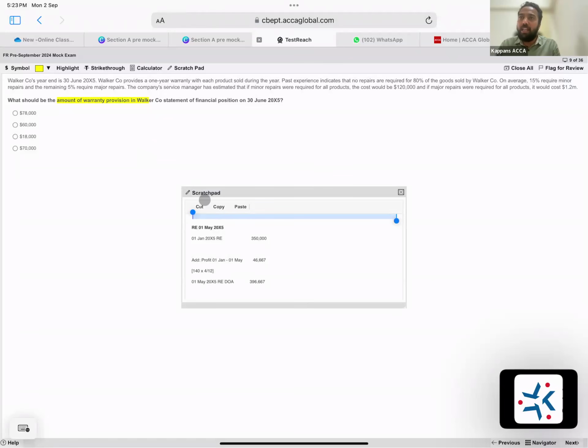Company's service manager has estimated that if minor repairs were required for all products, the cost would be 120,000. And if major repairs were required for all products, it would cost 1.2 million. What should be the amount of warranty provision in Walker Company's statement of financial position on 30th June 20X5?